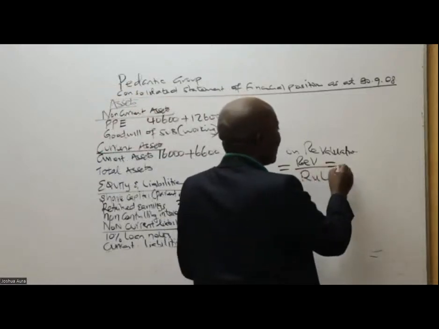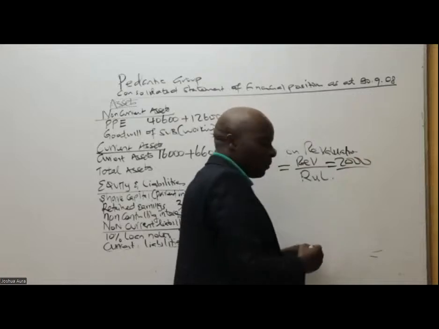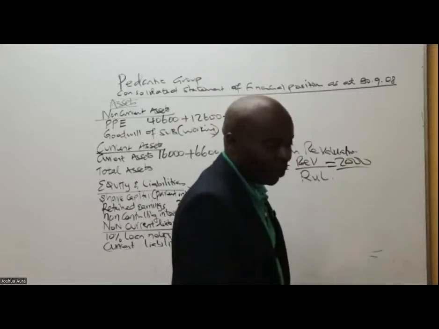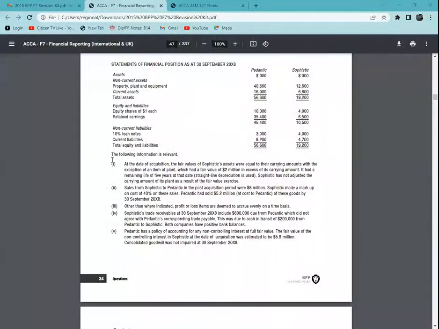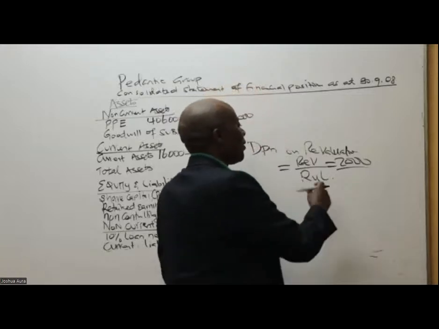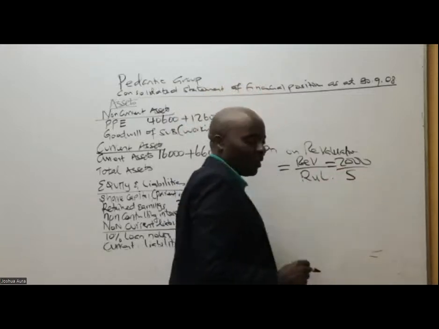The revaluation here is 2,000 divided by the remaining useful life, which the examiner will always tell you. Like here, they told us it had a remaining life of 5 years at the date. So the remaining useful life is 5 years. So 2,000 divided by 5.